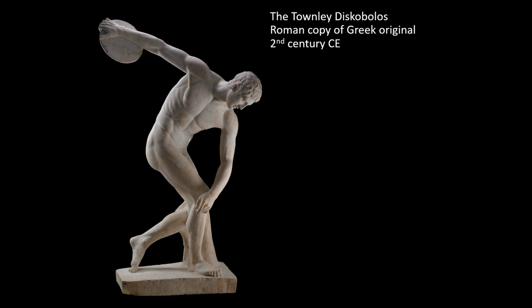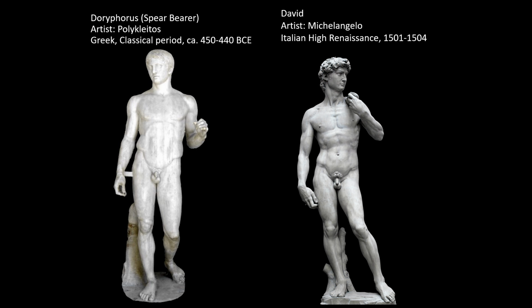It is my hope that with this lecture, when you see something like Michelangelo's David, you can now understand where this is coming from. The David doesn't just disappear or appear out of nowhere, out of the creative brilliance that is Michelangelo. You can see that a lot of it is coming from earlier classical Greek sculpture.